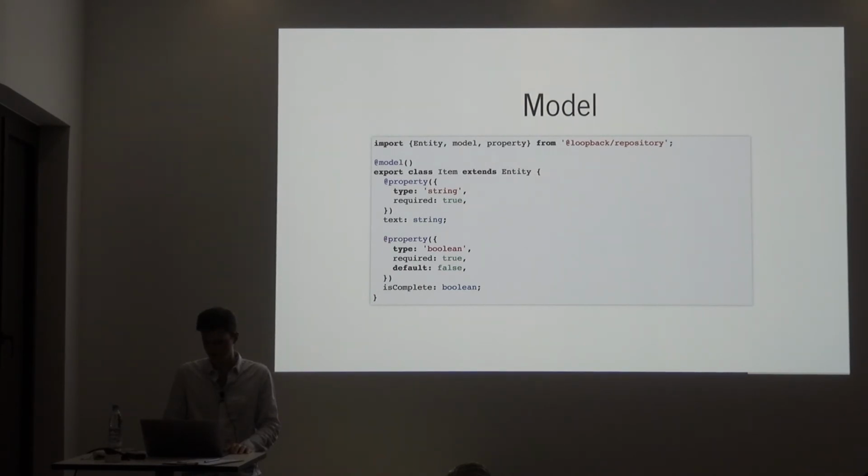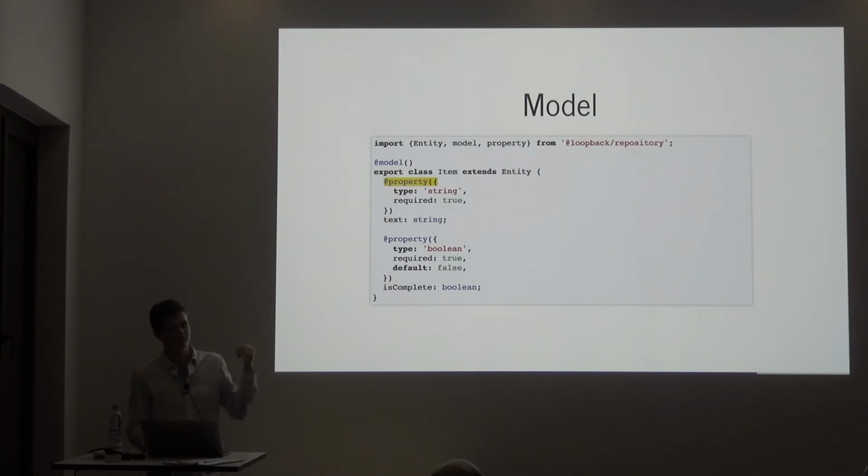So, as a small introduction, we have, for example, the code of a model here. It's just a normal TypeScript class, which has some properties, in this case text and isComplete. And as you can see here, you have annotations, which is a feature that TypeScript provides. That states, in this case, this is a model, and it has a property, in this case a string, which is required.